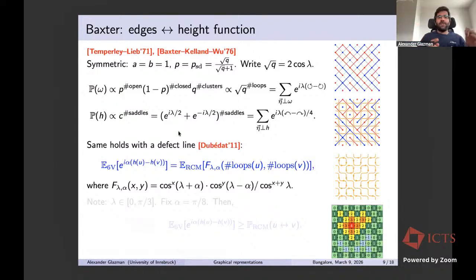For every edge between these two vertices, u and v, for instance, just draw some defect line. You say that you pay some price if the edge is going up, and some other price in the opposite case if it's going down. Then, in fact, the same exact coupling will give you a Fourier transform of the height function. At least I saw it in the work of Jubida.